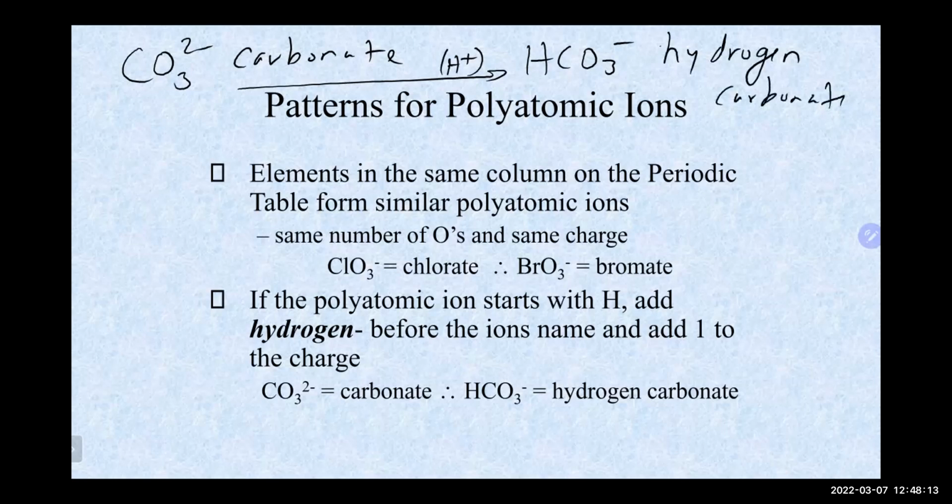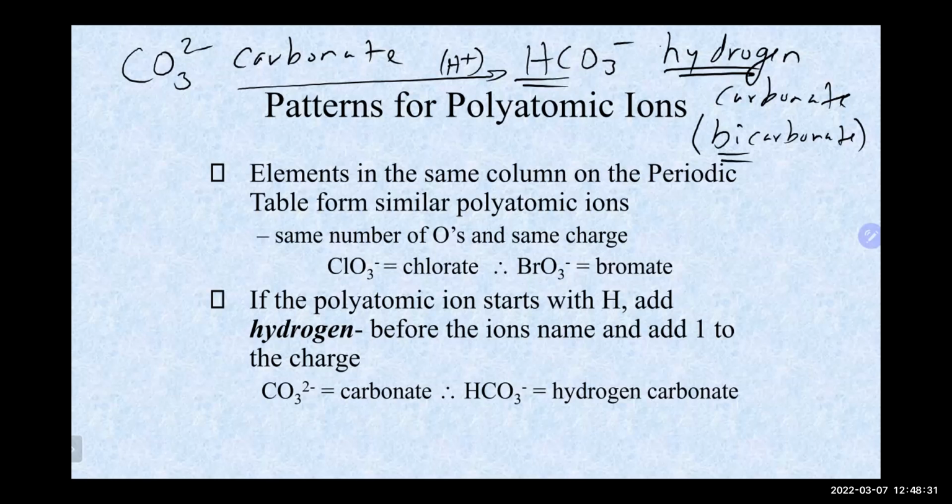And if that's not enough, sometimes people do not use hydrogen carbonate, but they just call it bicarbonate. So the bi basically is the hydrogen part that is put onto a polyatomic ion. We also see that with sulfate.